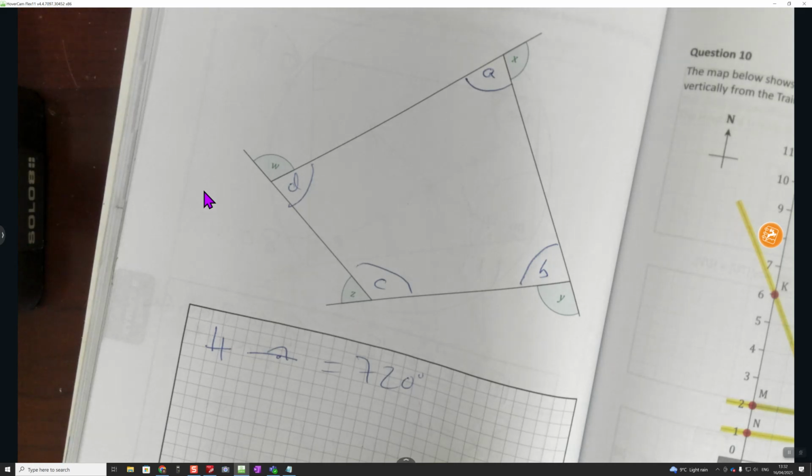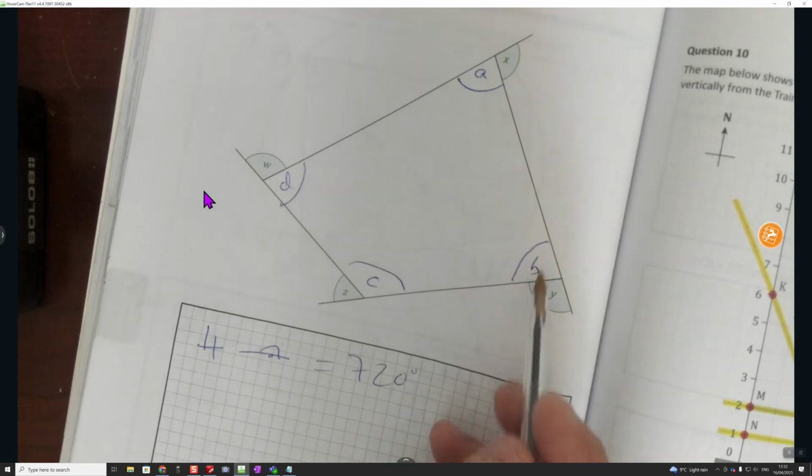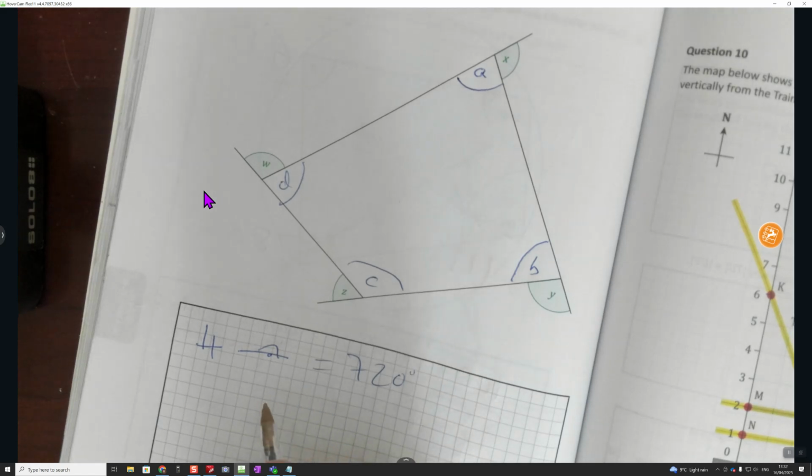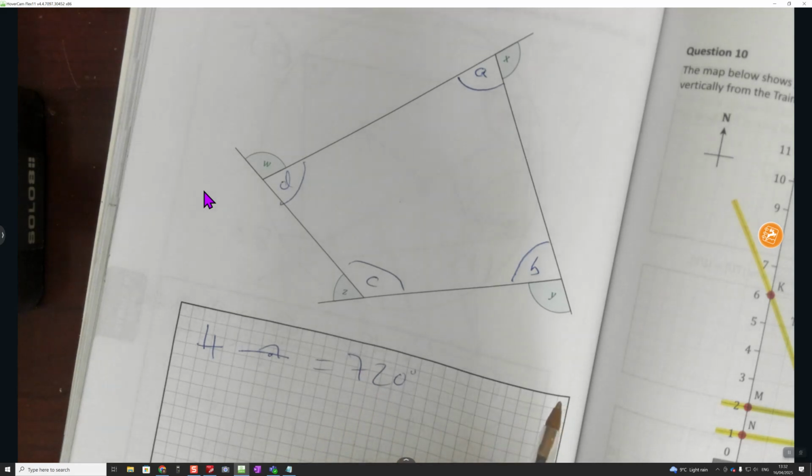Now I'm just beginning to wonder, have I made any mistakes here? Is 4 by 180 right? Okay, so my 4 straight angles add to 720, my 4 internals add to 360, so my 4 externals must also add to 360. Does that seem to make sense?